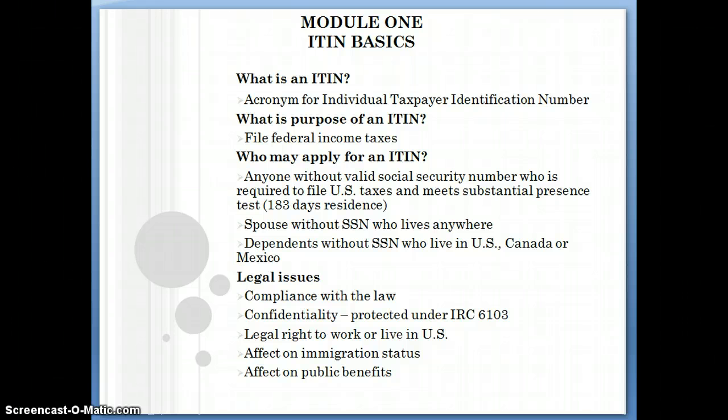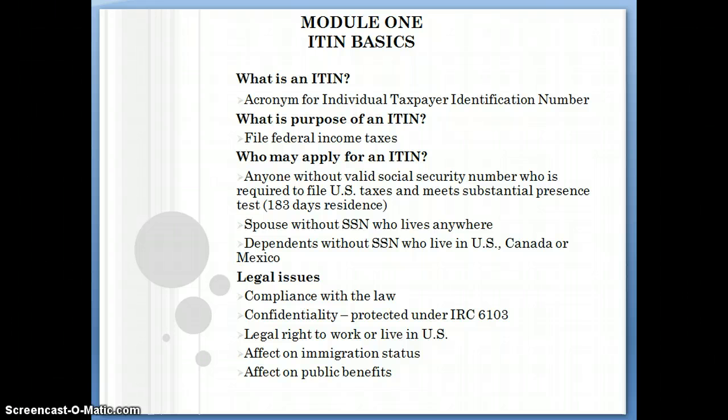A spouse can live anywhere in the world and apply so long as that spouse agrees to be treated as a U.S. resident for tax purposes and they claim their worldwide income on the U.S. tax return. However, dependents must live in the U.S., Mexico, or Canada. Dependents who live in a country anywhere other than the U.S., Mexico, or Canada are not eligible for ITINs.